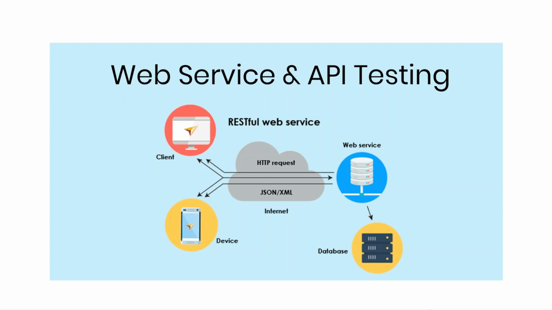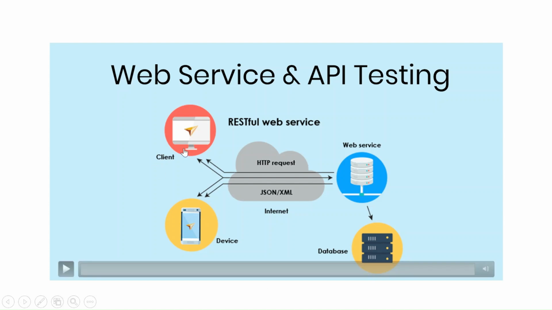Now, the client uses RESTful web services to interact with the web services. It sends an HTTP request to the web service, which interacts with the database, gets the data, and responds with JSON or XML to the client, either mobile or web.